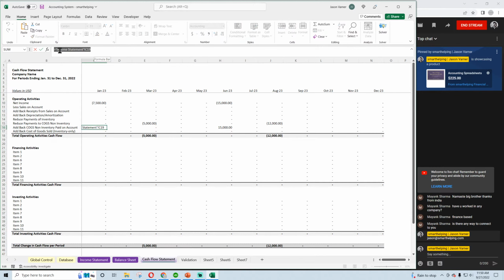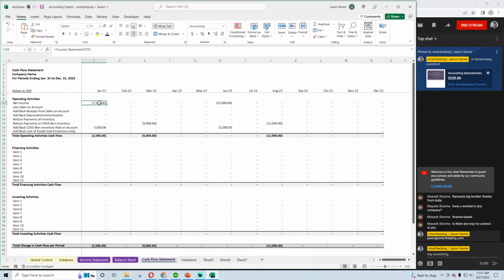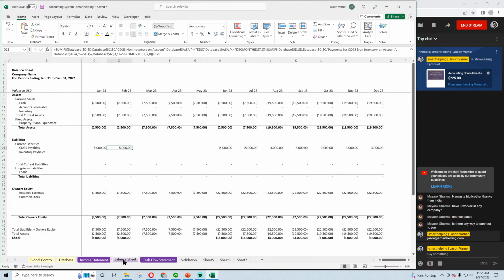We only add back if it was paid on account, right? Because if it was paid on account, we actually didn't pay it out yet. But if it was paid right away, we did. So 2,500 of it we did. So we did have a $2,500 negative here.